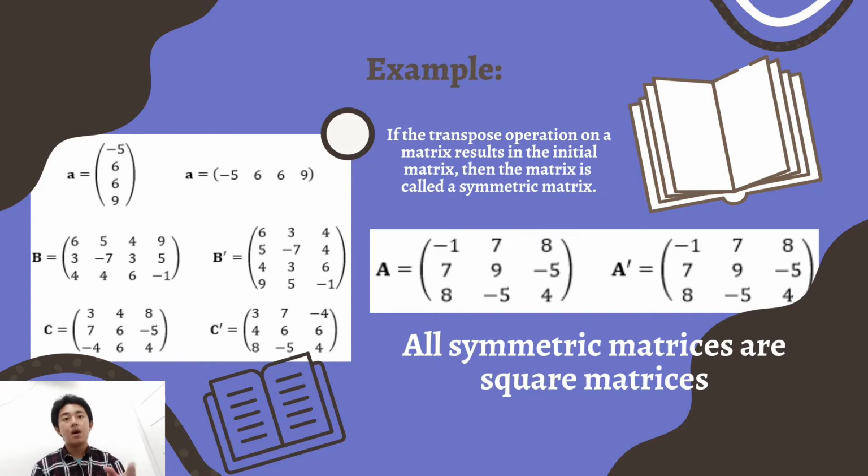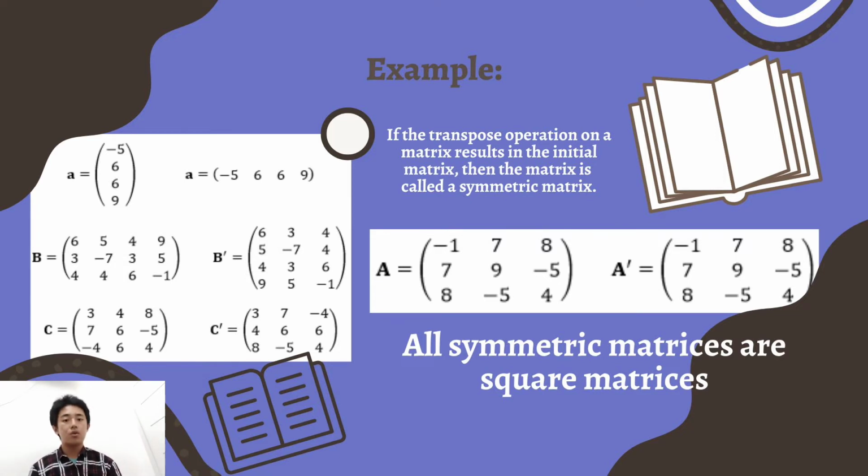That is -5, 6, 6, 9. It's still the same numbers, but the rows and the columns are changed. It is easier because we can write down from the top. So -5 is from the top. We transpose it from the left. So -5 is still the first one, but we write it from the left to the right.